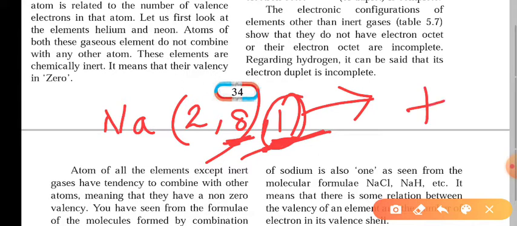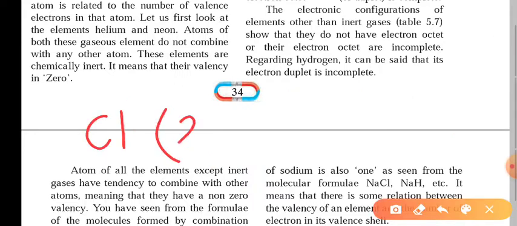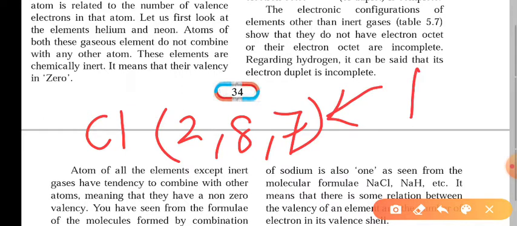What 1? Plus 1, because it's giving. It's a donor. So it will have a plus 1. Whichever will accept electron, they will have a negative valency. Like in this case, if I am taking chlorine, electronic configuration 2, 8, 7, here it's taking 1 electron, because if it will take 1 electron, what will happen?